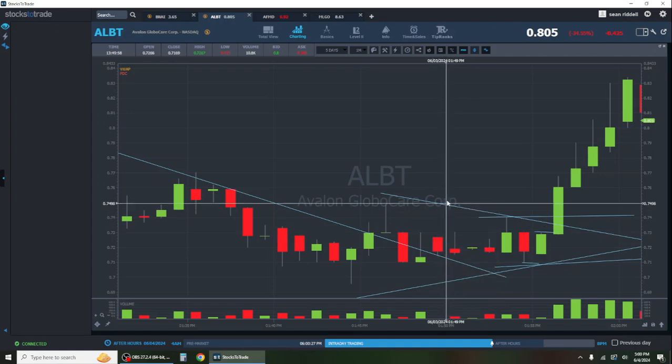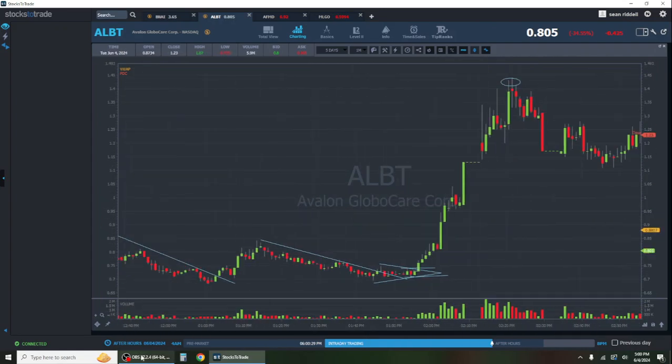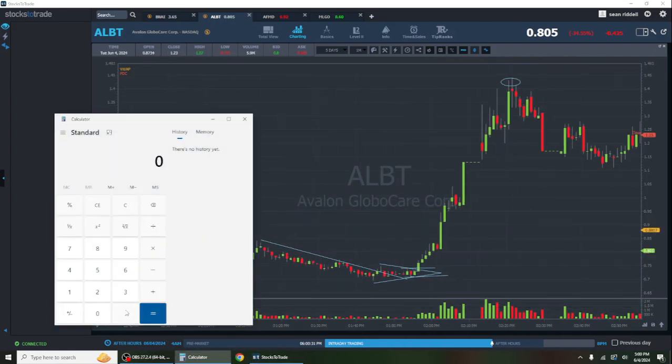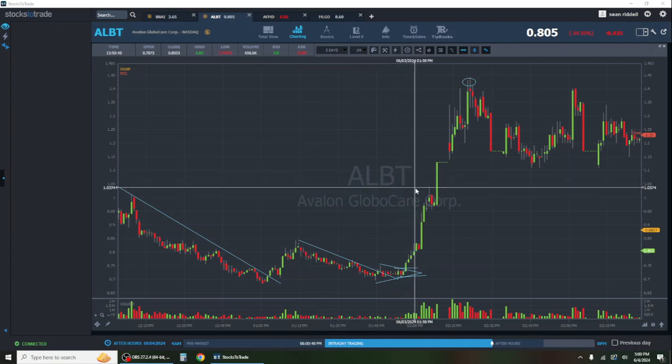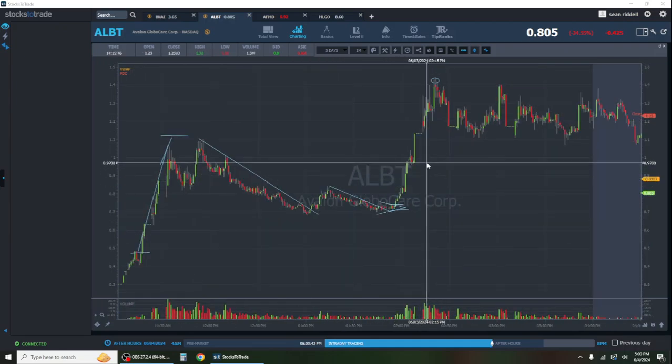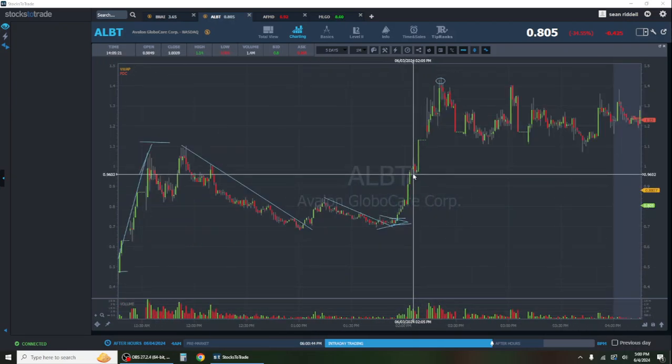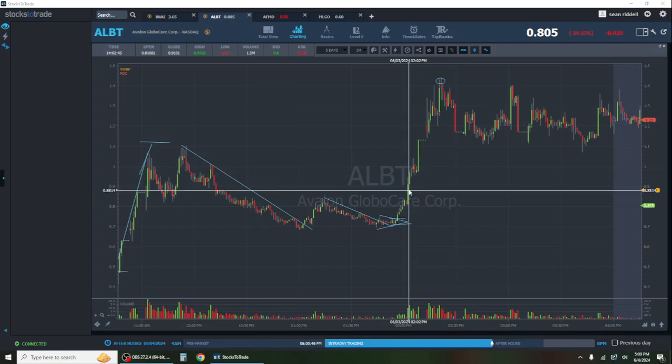So 2 cents, right? To make 70 cents. So 0.7 divided by 0.02, 35 to 1. So at best, we're looking at 35 to 1 right now. But the ideal is easy 25 to 1 risk reward.